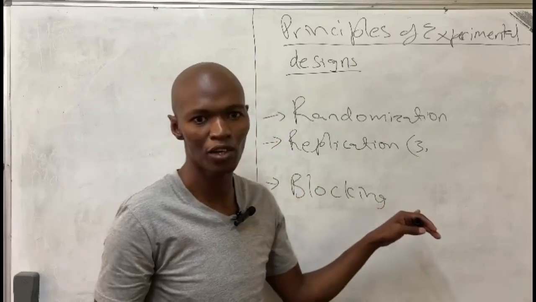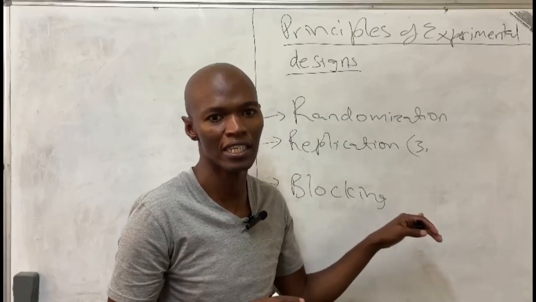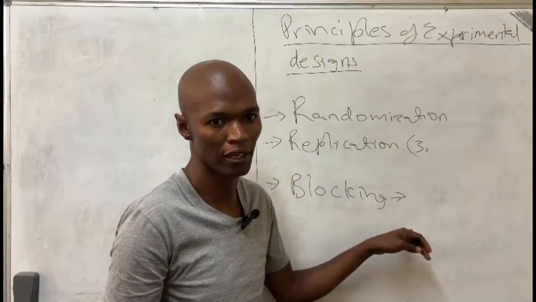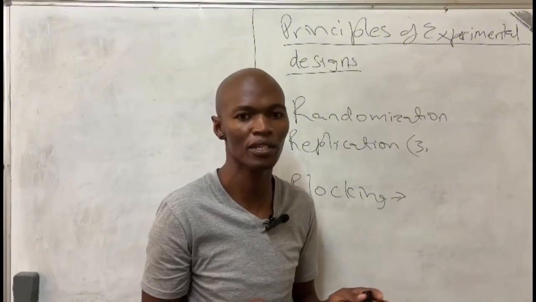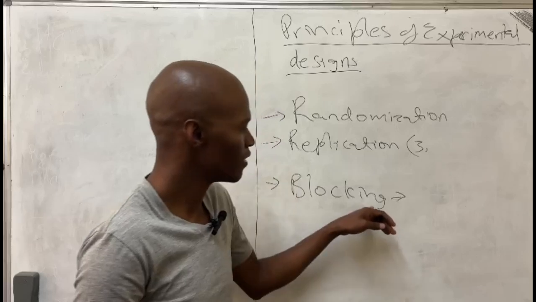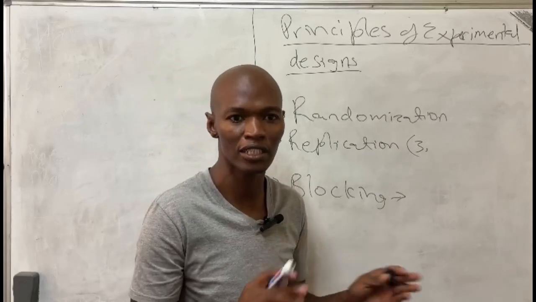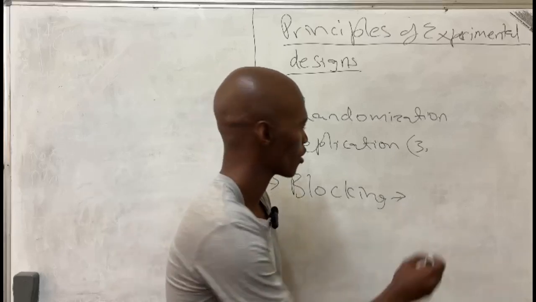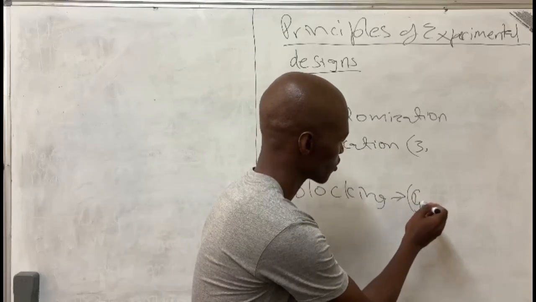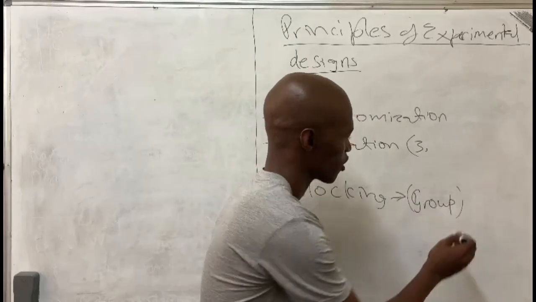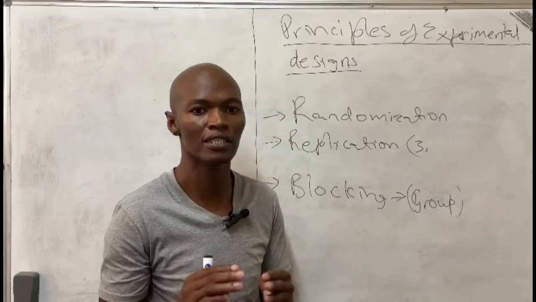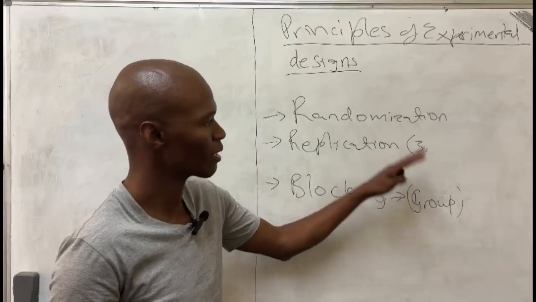If your experimental units are homogeneous, there is no need to apply the blocking, since the experimental units are the same. But if the experimental units are heterogeneous, they are not the same, which means you have to apply the blocking. You have to put those similar groups in the same side and the other one in the same side so that you avoid the bias.